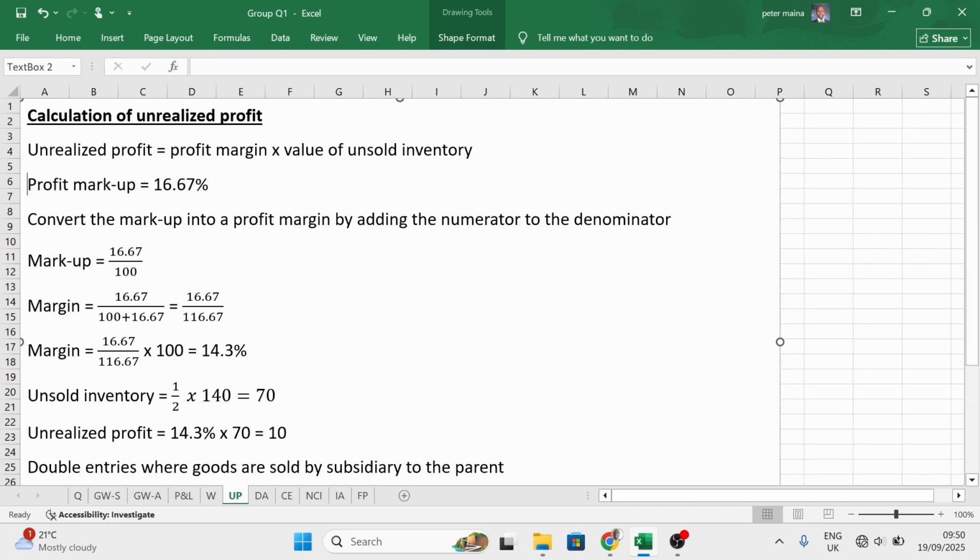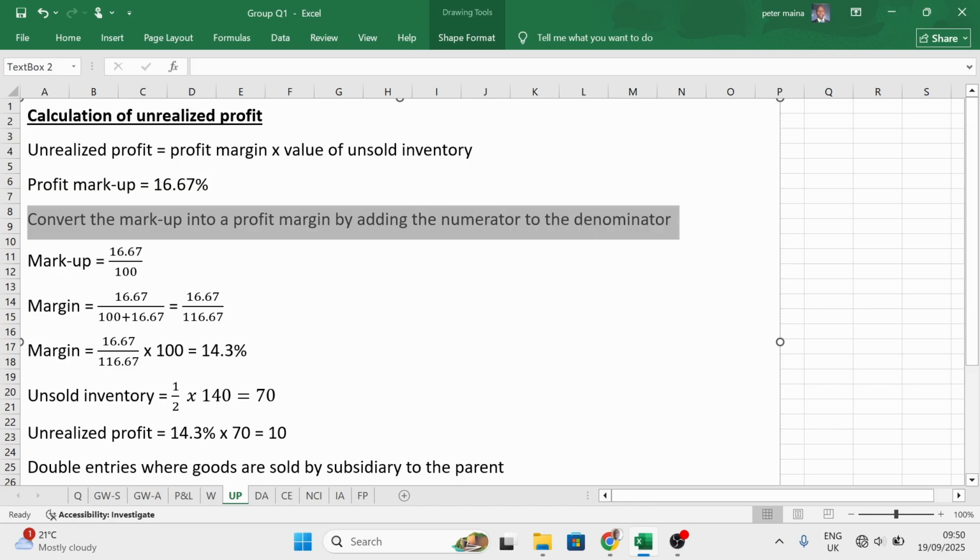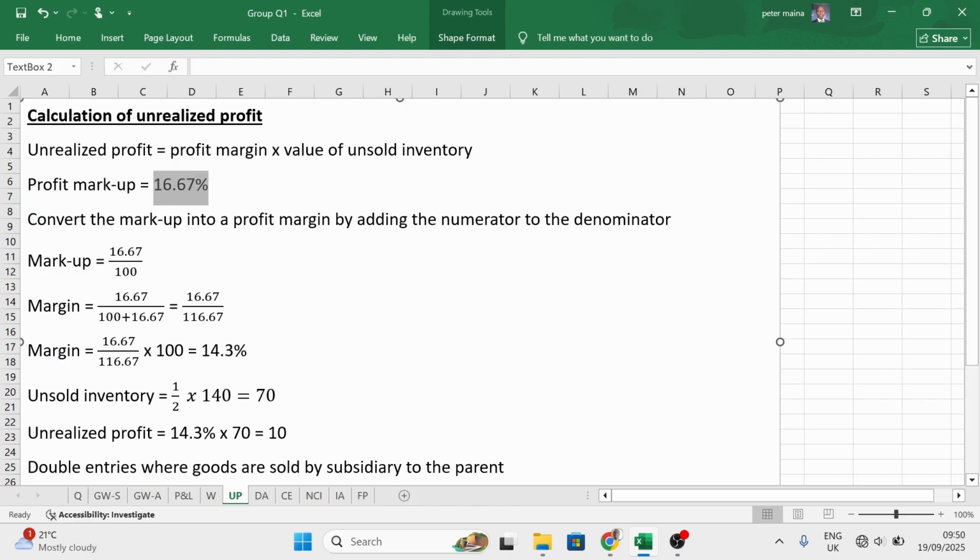So half of 140 million is where we are going to have an unrealized profit. The profit markup, when you put it in a decimal form, will give you 16.67%. So we want to convert the markup into a profit margin by adding the numerator to the denominator. So 16.67% can also be written as 16.67 divided by 100.